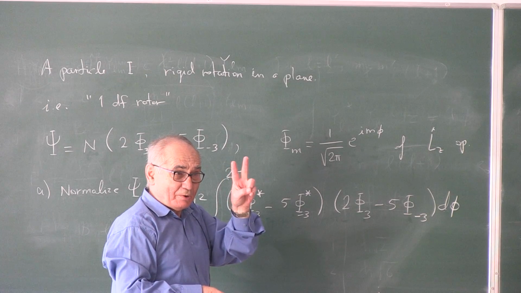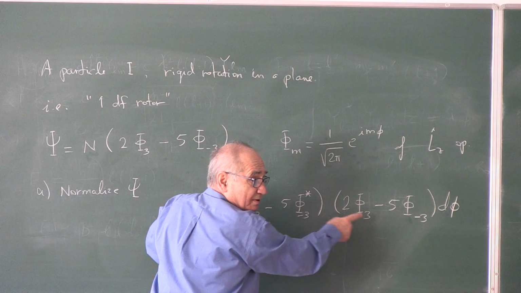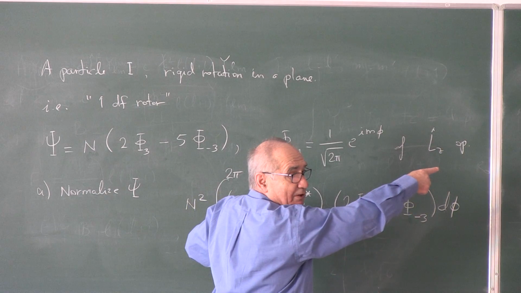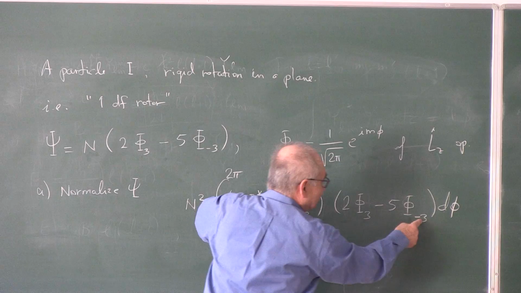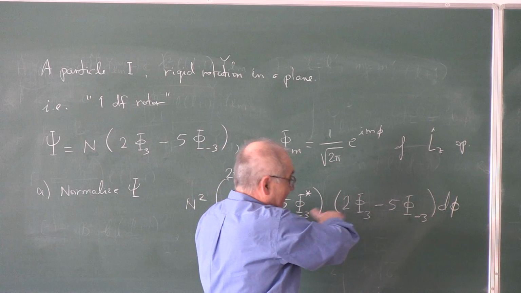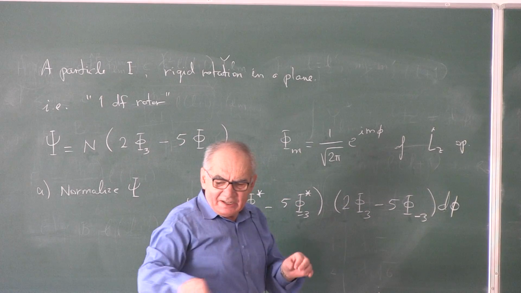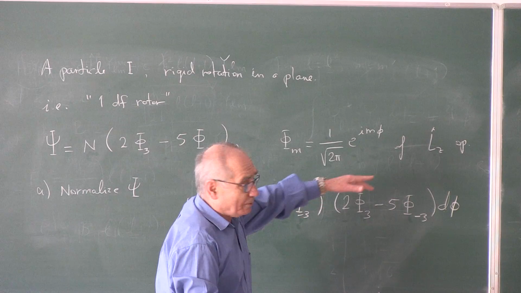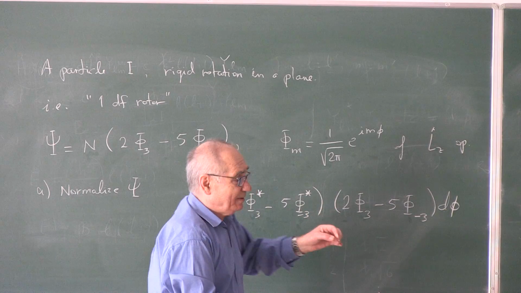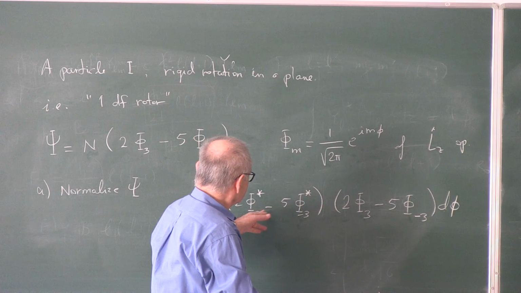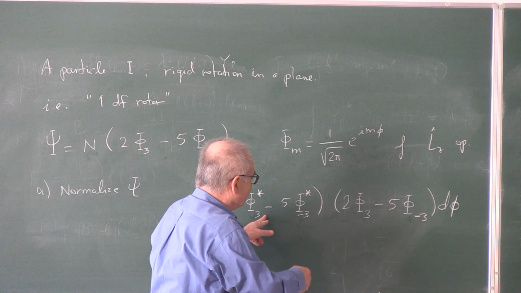There remain two more. One of them is this times that, but they are the same functions. And therefore, the value of the integral is going to be 1. Similarly, this function multiplied with that one, again, same functions. The value of the integral is going to be 1. In general, because of the orthogonality property, the only non-zero integrals are, when you expand, the products which contain the same function.